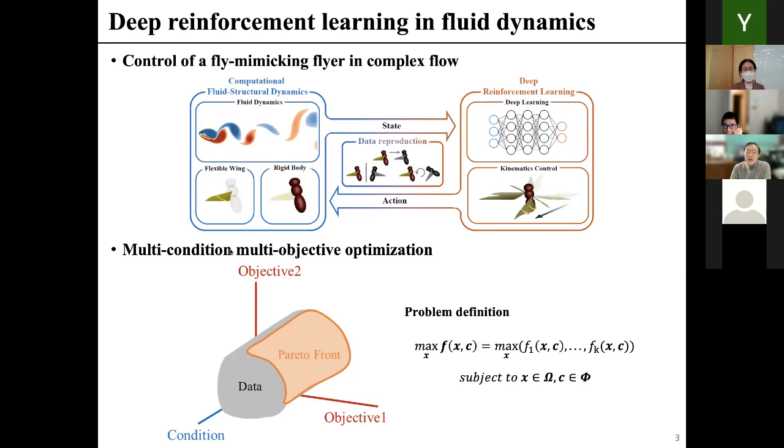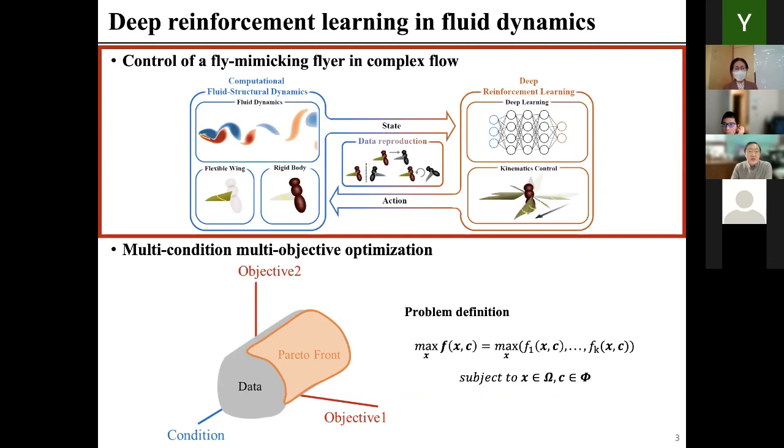However, it was not really common to consider multiple conditions at the same time. So if you have multiple conditions and at the same time multiple objectives, then reinforcement learning is a powerful alternative to the conventional techniques.